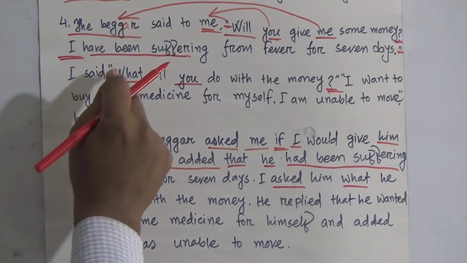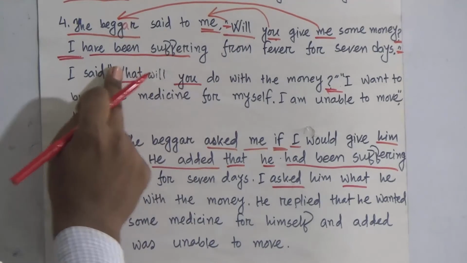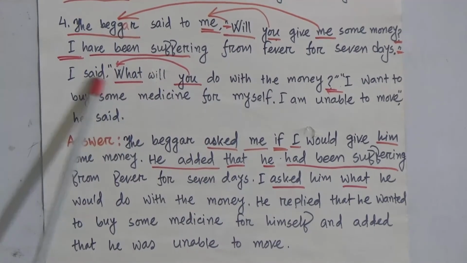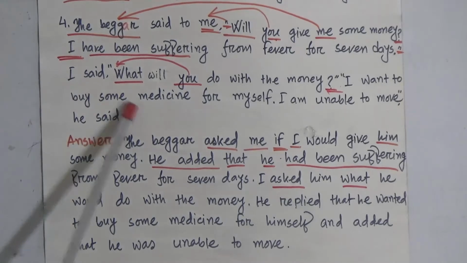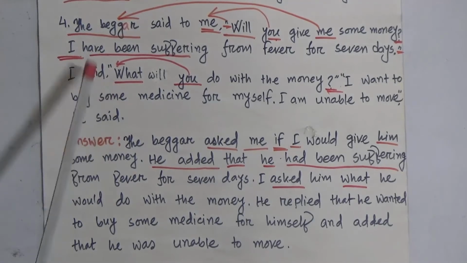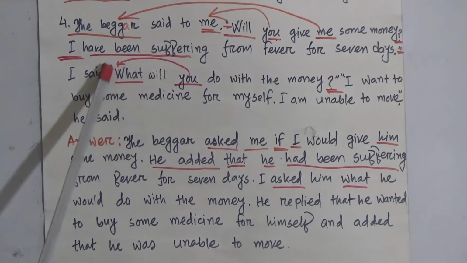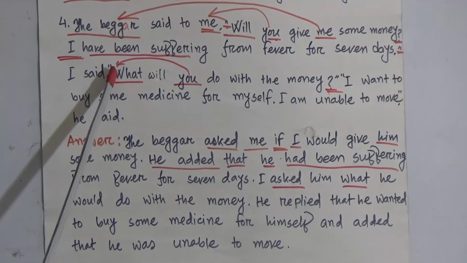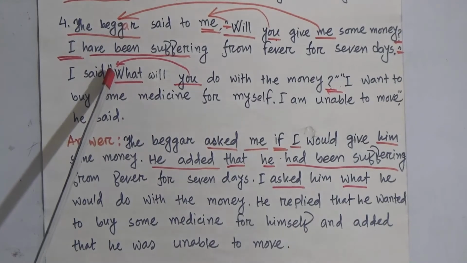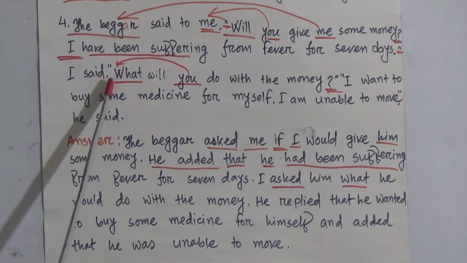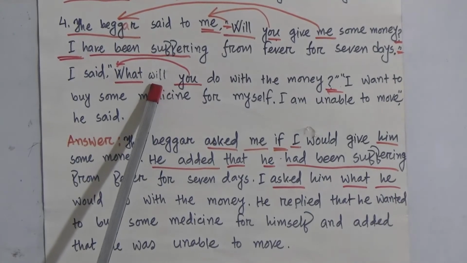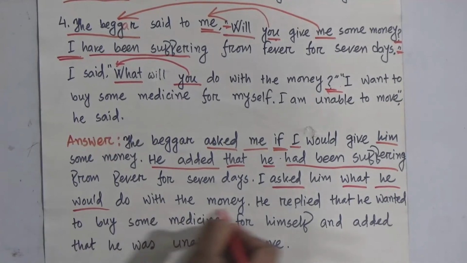I said to the beggar. So you would be converted according to the object. The object is not written here. You have to bear in mind who the object is, to whom I said, that is the beggar. So the beggar's pronoun is he. So you would be converted to he: what he would do with the money.